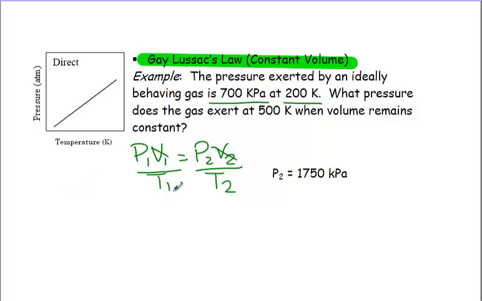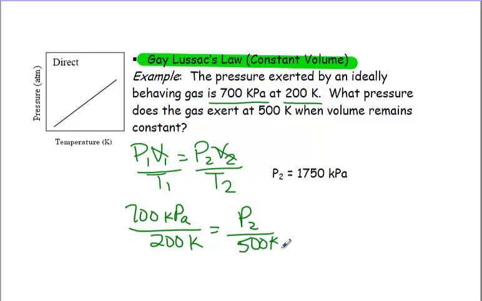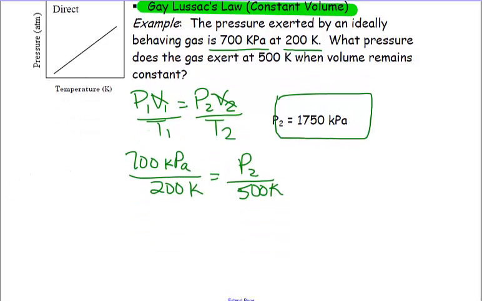So now it's P1 over T1 equals P2 over T2. So we have 700 kilopascals over the first temperature, 200 Kelvin, equals P2, what we're solving for, over 500 Kelvin. Punch this into your calculator, divide 700 by 200, multiply by 500, and this is your final answer, 1,750 kilopascals.